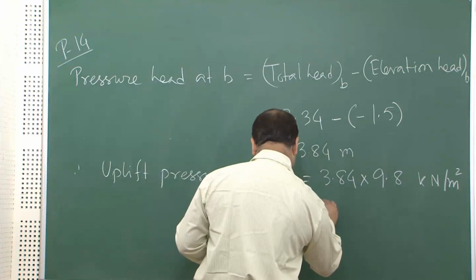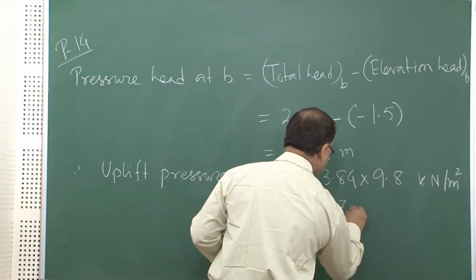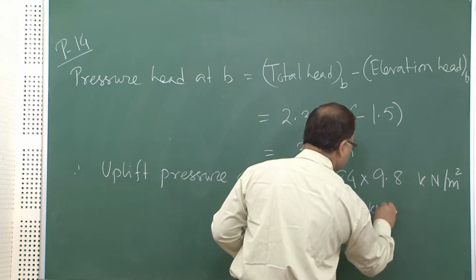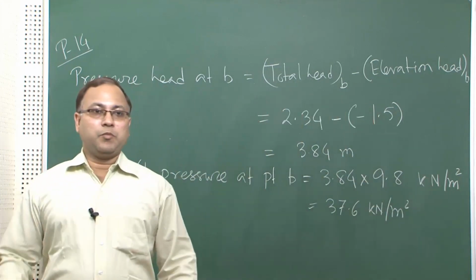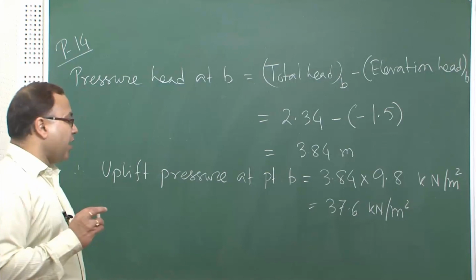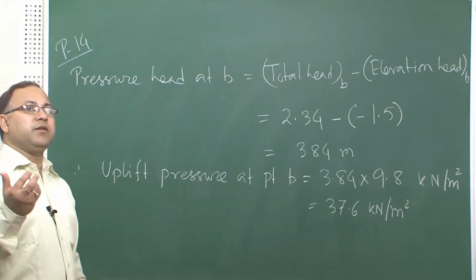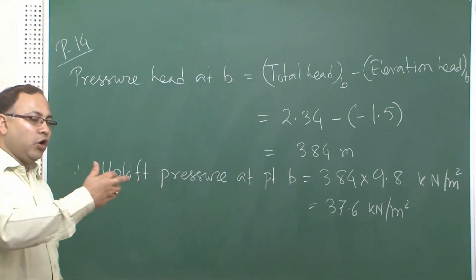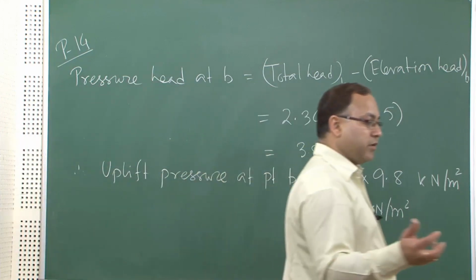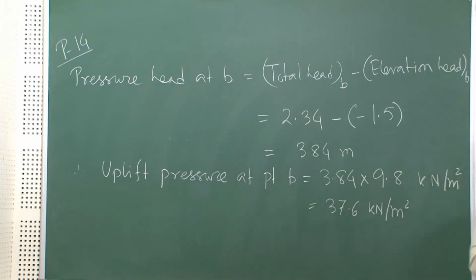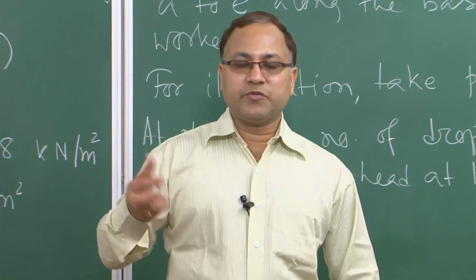So, that gives me 37.6 kilonewton per meter square, right. So, for point B we have calculated the uplift pressure. Similarly, we can calculate the uplift pressure at all the points A, B, C, D, E, all the points shown in the problem, and we can get the uplift pressure distribution curve.